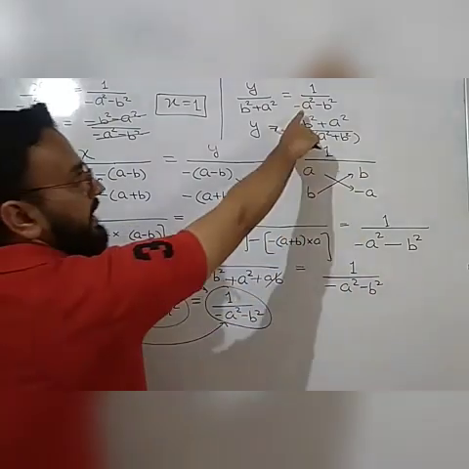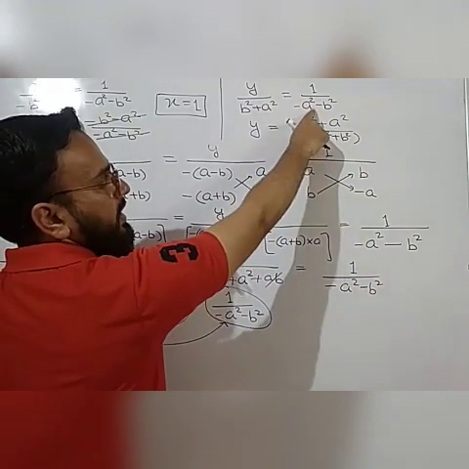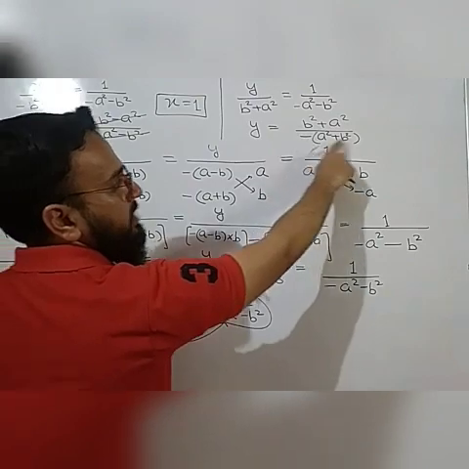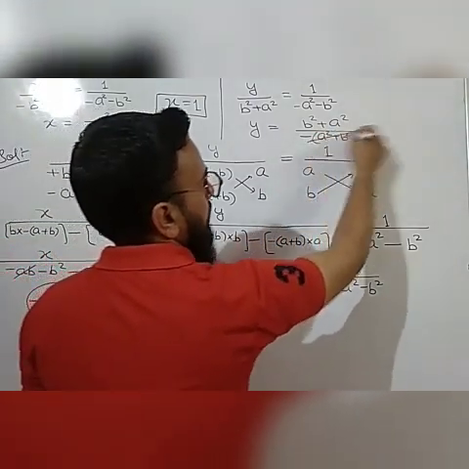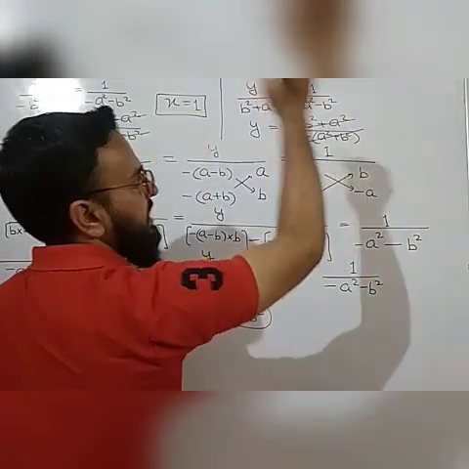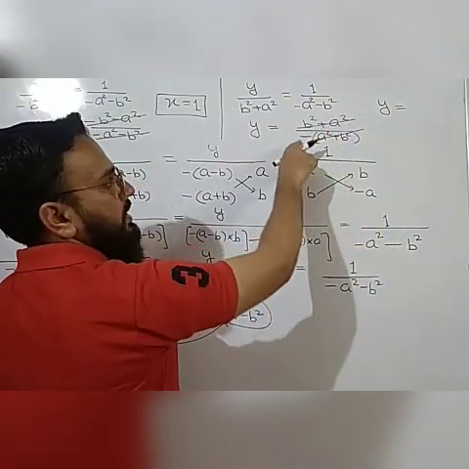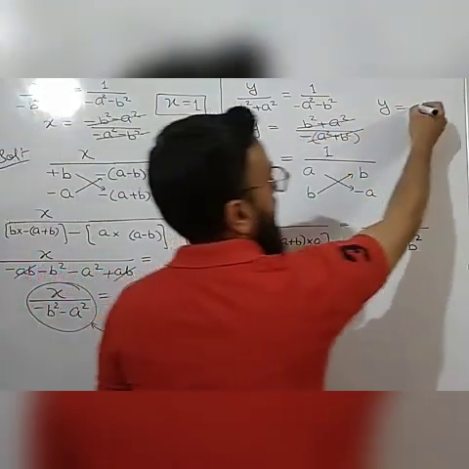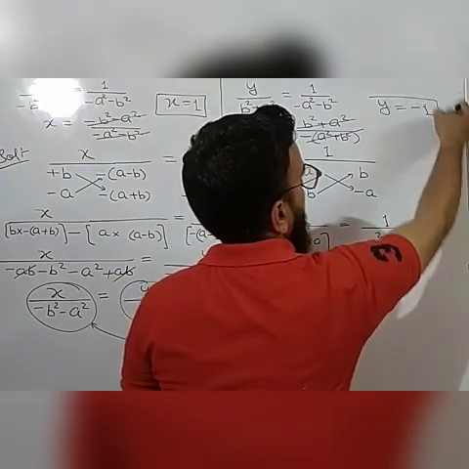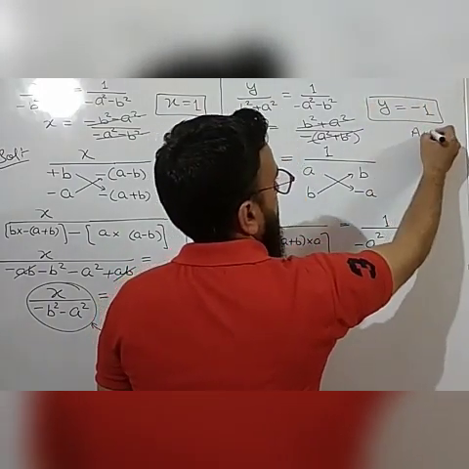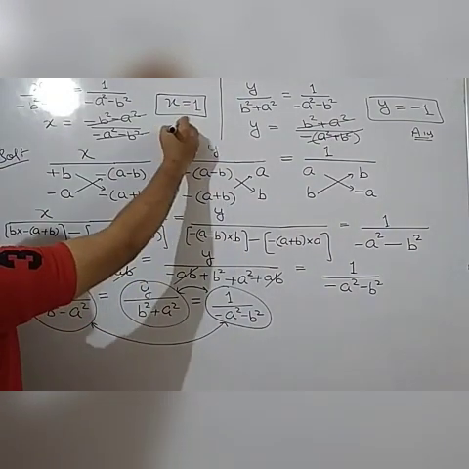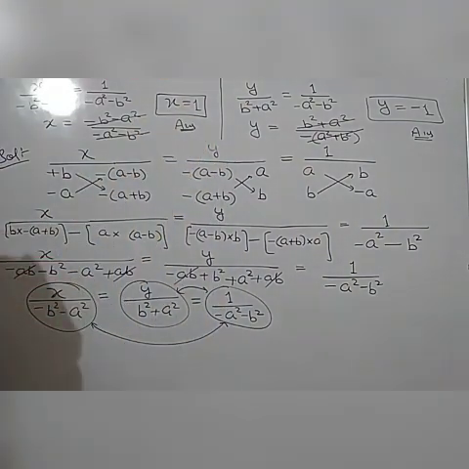Got it? If we take minus sign common from the denominator of 1, then it will be minus (a square plus b square). Now this a square plus b square will cancel out. We will get the value of y is equal to, this will be 1 and in denominator it is minus. So the value of y will be minus 1. So we got the answer, y is equal to minus 1 and x is equal to 1.